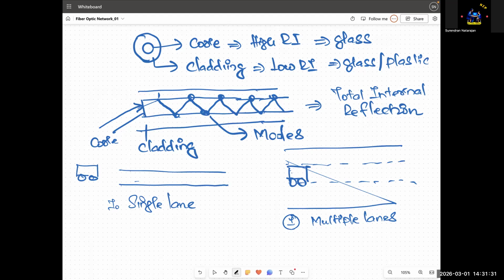Forget about it, if no one is on the road and only you are there, you take a road that travels in one single direction to reach the destination. So here you are going like this.